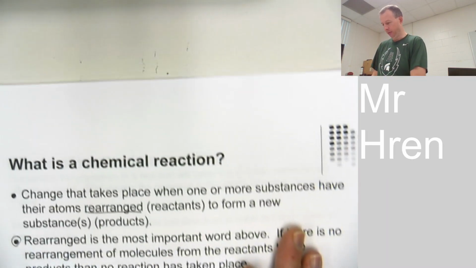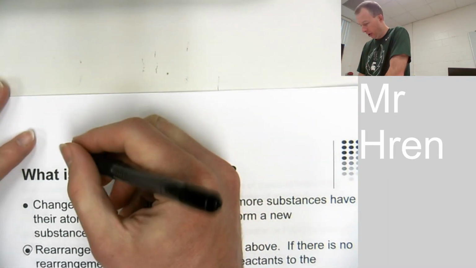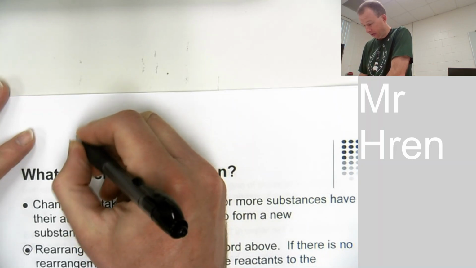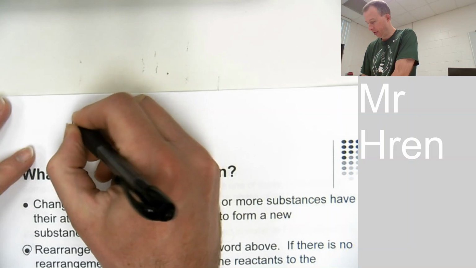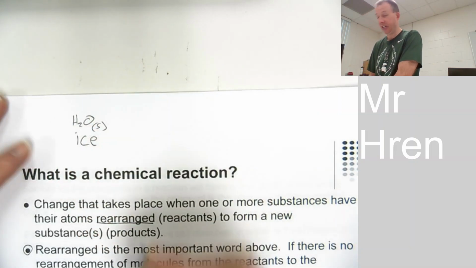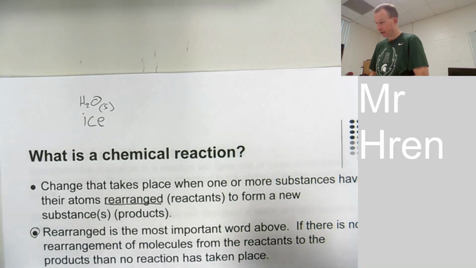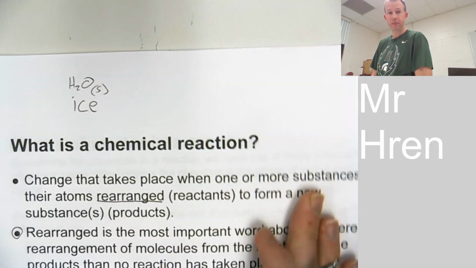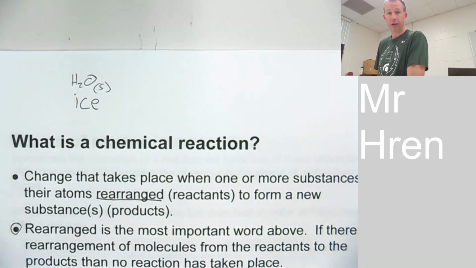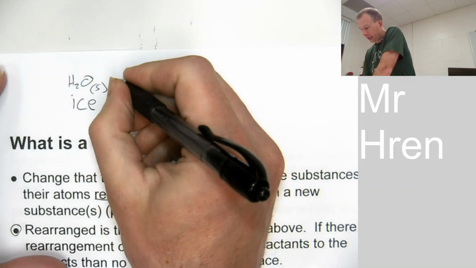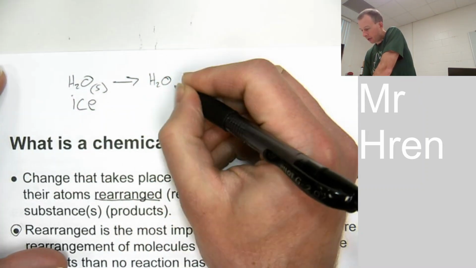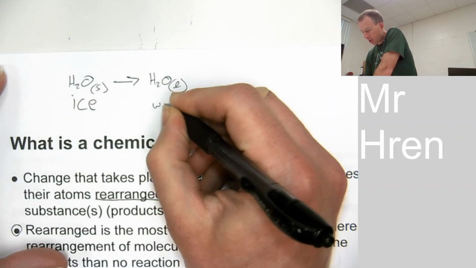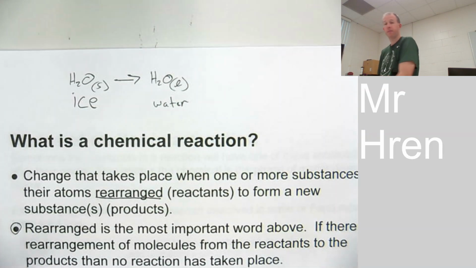Simply, for example, let's say you have water. So you have ice. Ice is solid water, right? So that would be H2O as a solid. Let's say that solid H2O turns into liquid H2O.